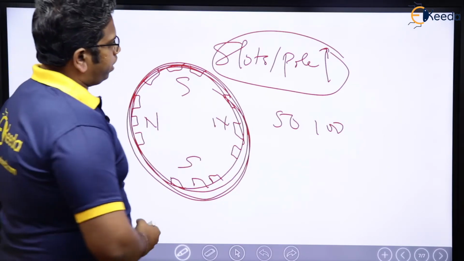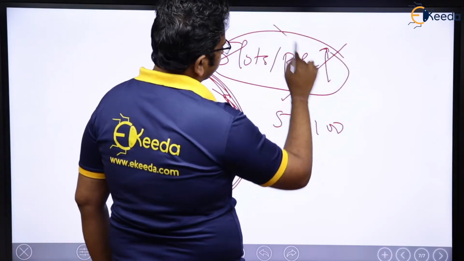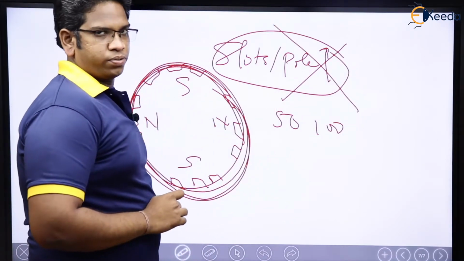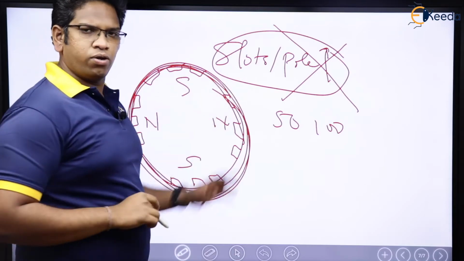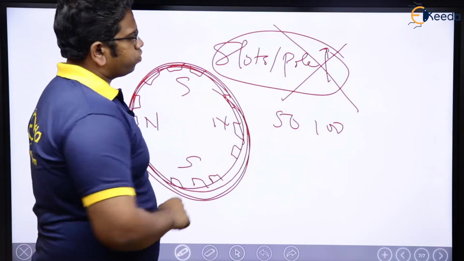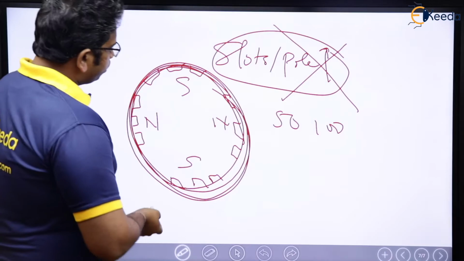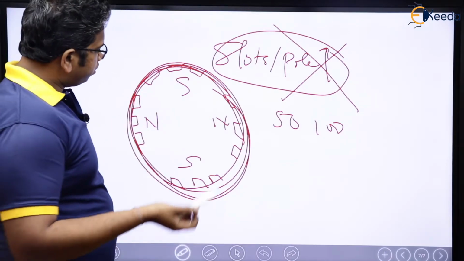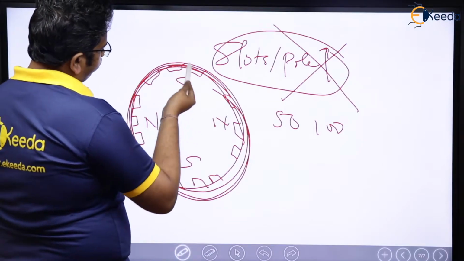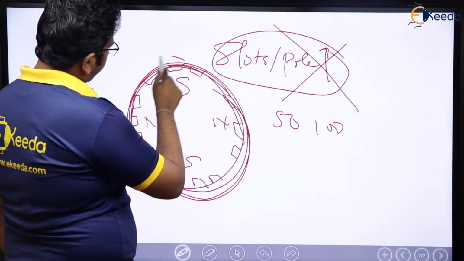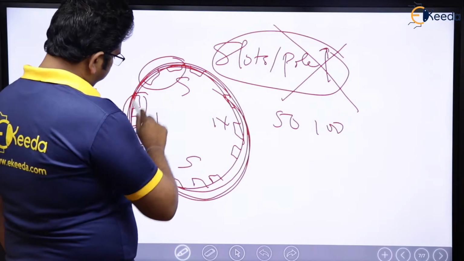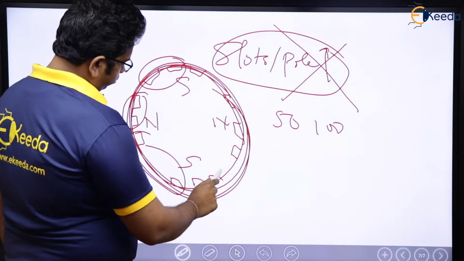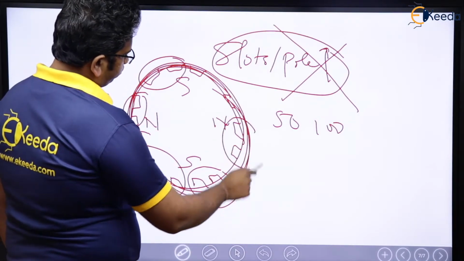For example, if I had no condition on this, meaning no slots-per-pole increase, then you can have 10 poles also, 12 poles also. Rather than 3 slots per pole, I will consider 2 slots per pole only.